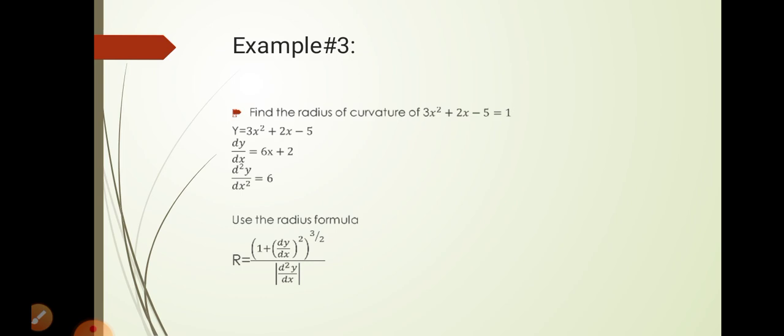So you can use the formula of the radius. We have r is equal to the quantity of 1 plus dy over dx squared to the power of 3 over 2, over the absolute value of d squared y over dx squared.